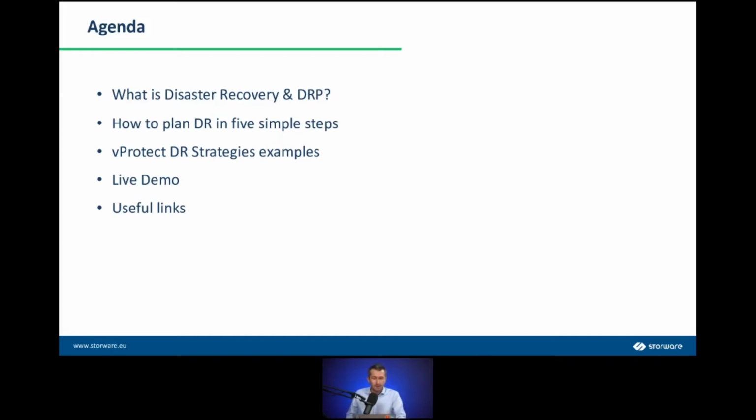What else? Of course, I would like to remind that based on the DRPs, you can use a wide range of different backup and recovery platforms that help you achieve the goals in case of data loss. Of course, because we are Storware, we should show how you can use one of our products, in this scenario vProtect, to help you achieve these goals.